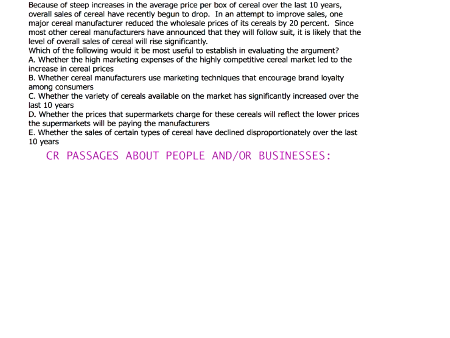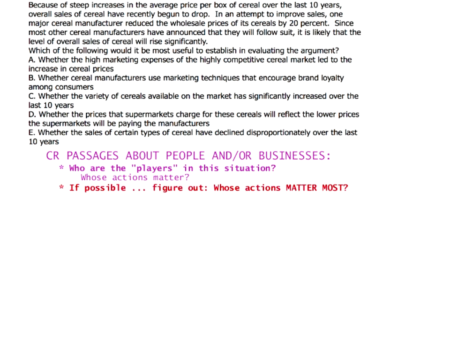Ask yourself, who are the players in this situation? In other words, whose actions actually matter? And if possible, figure out whose actions matter most, or whose actions determine the outcome of the situation most directly.